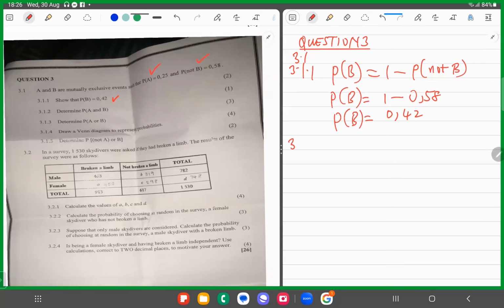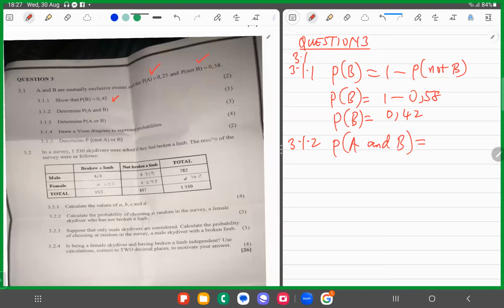Right, so the next thing is to look at 3.1.2. Determine the probability of A and B. So the probability of A and B, what is this probability?